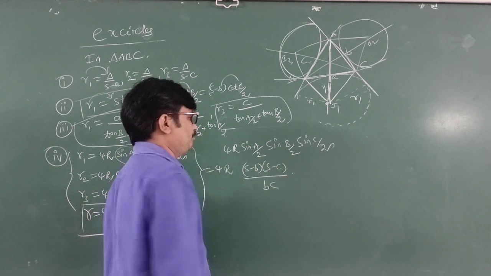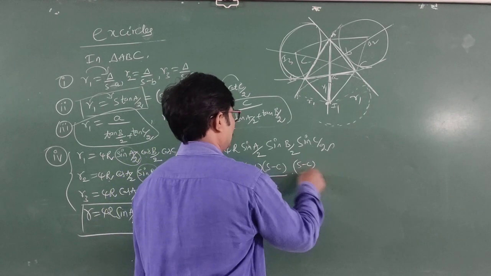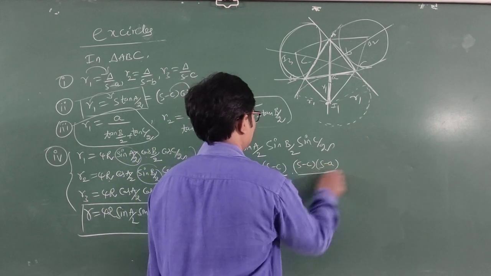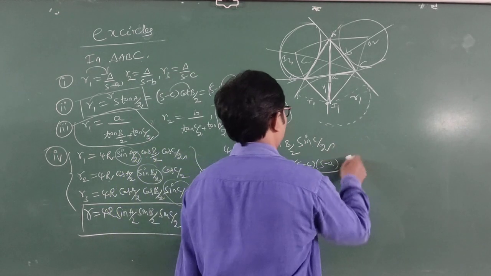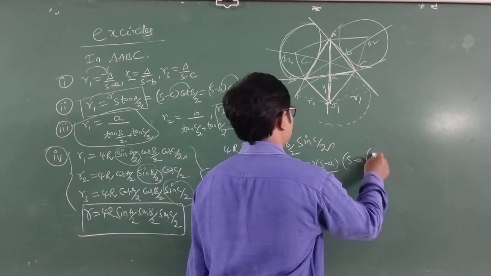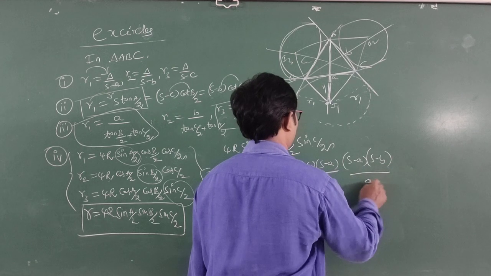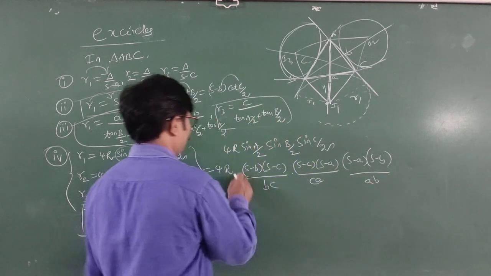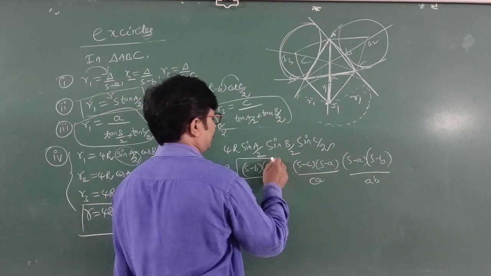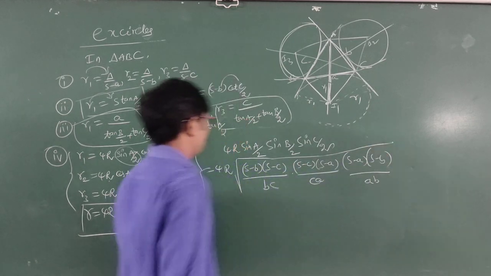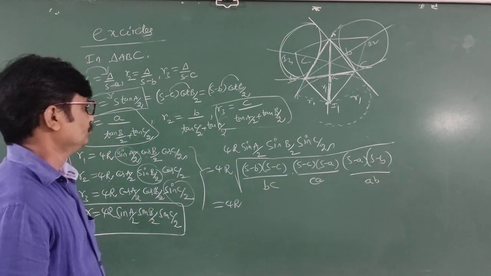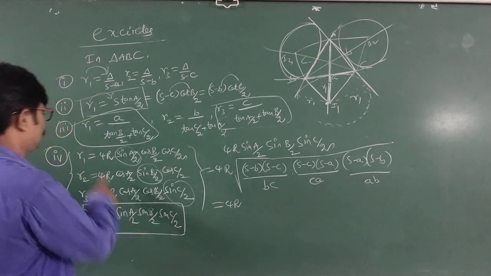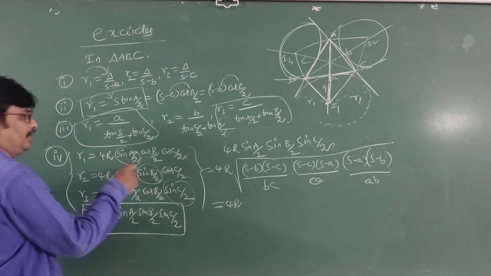What is sin of B by 2? Root of (s minus c)(s minus a) upon ca. What is sin of C by 2? Root of (s minus a)(s minus b) upon ab. Therefore this is root a into root b into root c, root of abc.